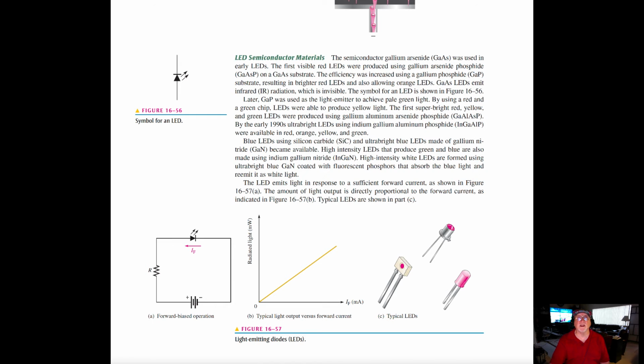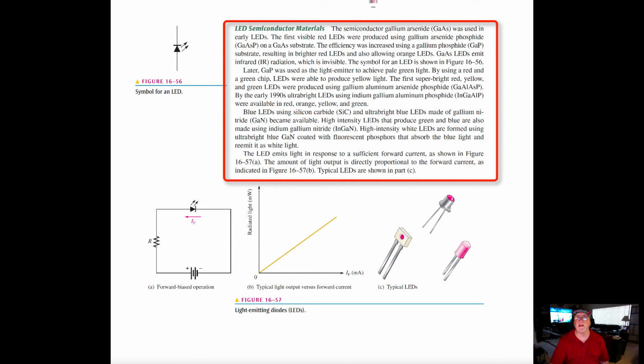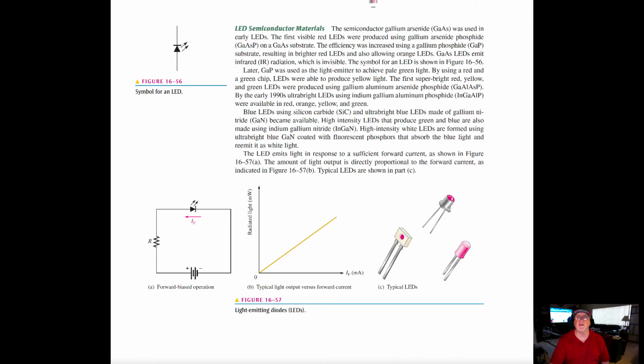LED semiconductor materials: gallium arsenide was used in the early LEDs. The first visible red LEDs were produced using gallium arsenide phosphide. The efficiency was increased using gallium phosphide substrate, resulting in brighter red LEDs and also allowing orange LEDs. The gallium arsenide LEDs emit infrared radiation, which is invisible. The symbol for the LED is as shown.